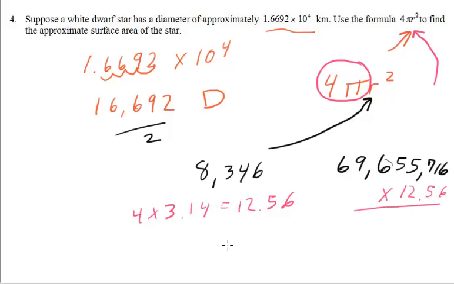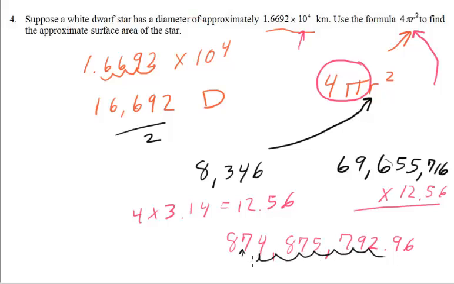And that's going to give me a big number. It's going to give me 874 billion 875,792,96. But we want to keep this in scientific notation, so that means my decimal point has to end up right here. So I'm going to move this decimal point 1, 2, 3, 4, 5, 6, 7, 8 places.